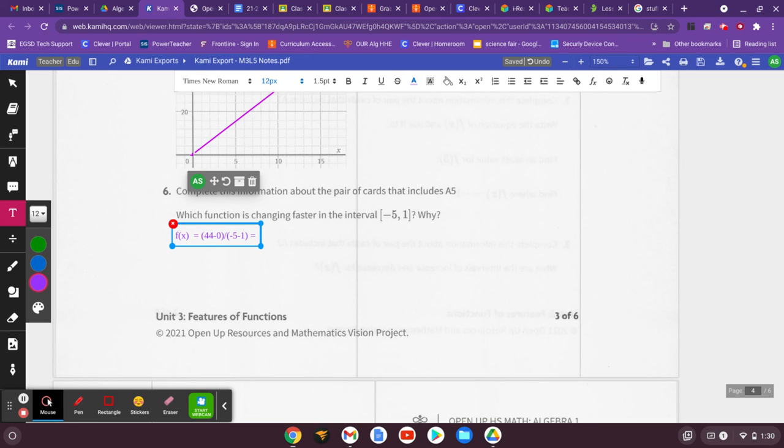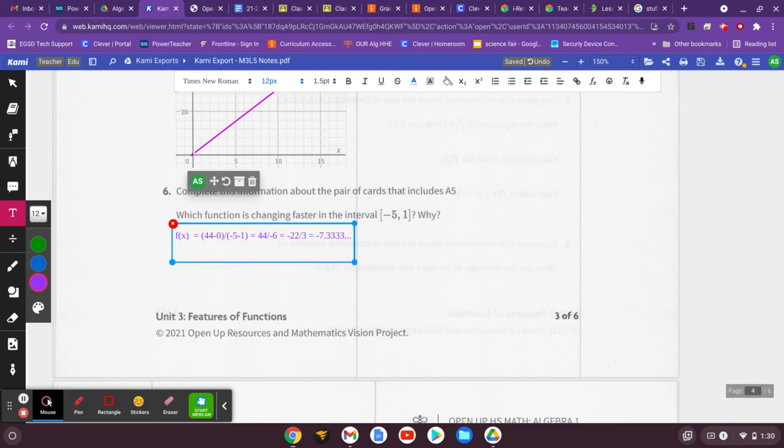So 44 minus 0 is 44, over -5 minus 1 is -6, which equals about -22 over 3, which again, if we put it as a decimal, is about -7.333 repeating.